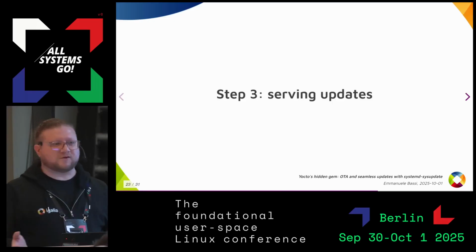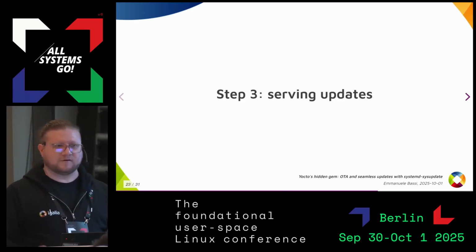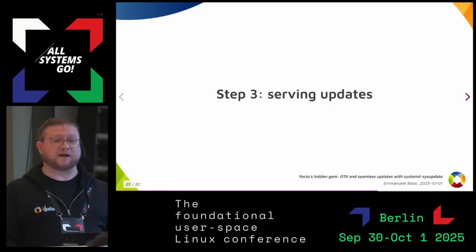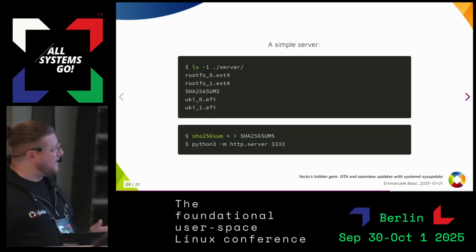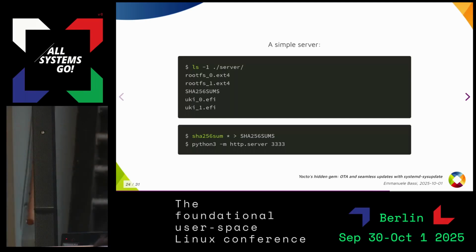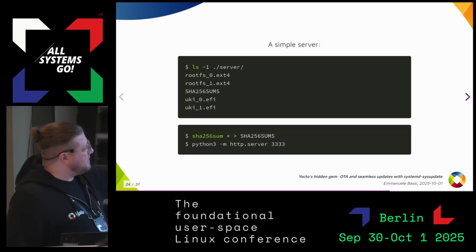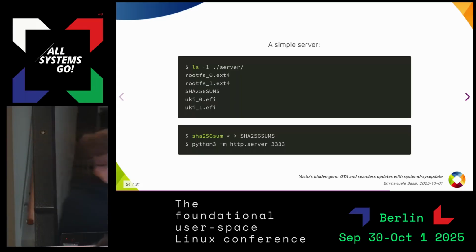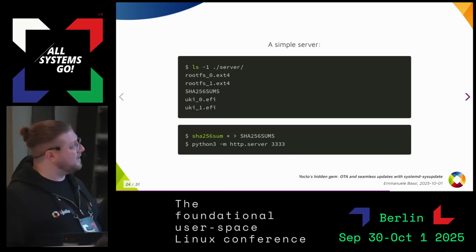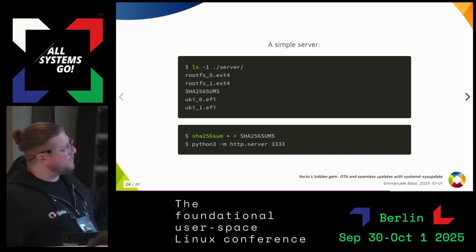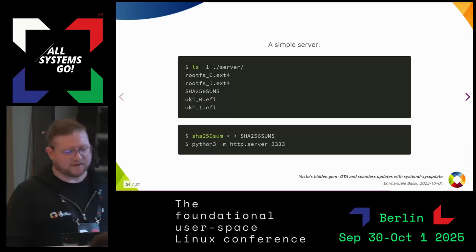Of course, once you've done that, it's already done for your operating system. That's all that's needed. But how do you serve an update? You really don't need anything more than a very simple HTTP server with the files that you're serving and the SHA-256 checksums of every single file, so that sysupdate can do a check when it downloads to verify integrity.